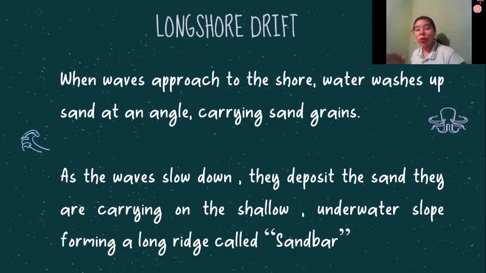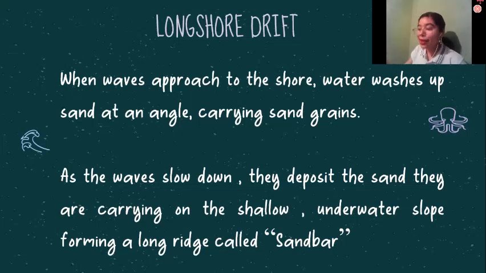So this is when the waves of the sea approach the shore. They go to the coastline, and then the water washes up the sand. It crashes against the sand at a determined angle, and it carries the sand and the grains.